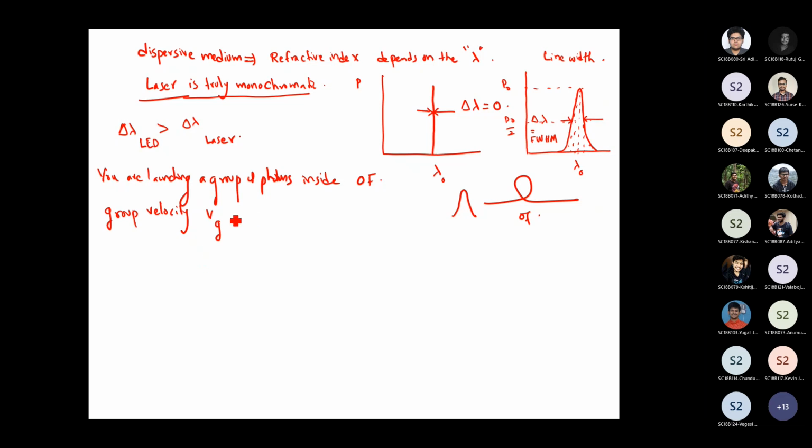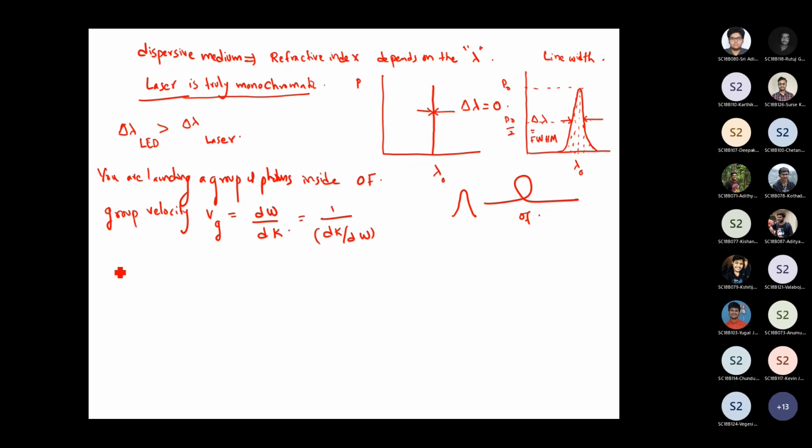This group velocity is given by d omega by dk, which is the same as 1 divided by dk by d omega.